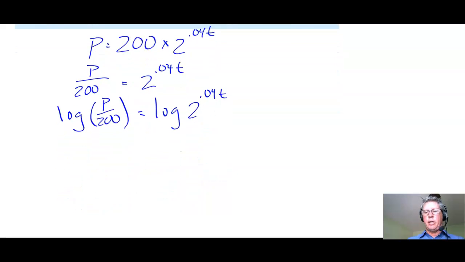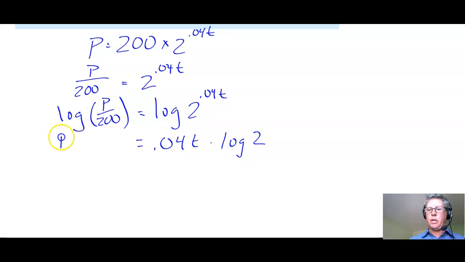Sweet. Let's keep going. We're after the t. Since this is an exponent, we can write it out front. 0.04t times log of 2 equals log of P over 200. You just do one step at a time. You're fine. I'm going to divide both sides by log of 2.